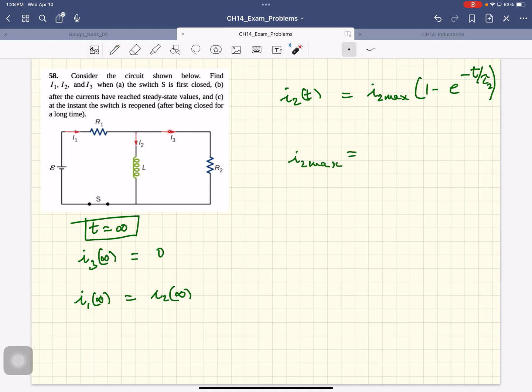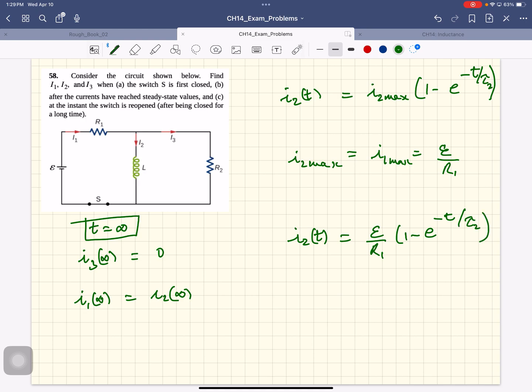So I2 max equals I1 max equals E over R1. So I2(t) is equal to E over R1 times 1 minus e to the power of minus t over tau; we still don't know the time constant.